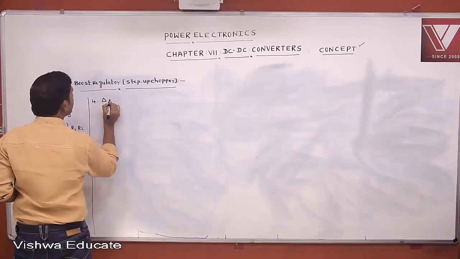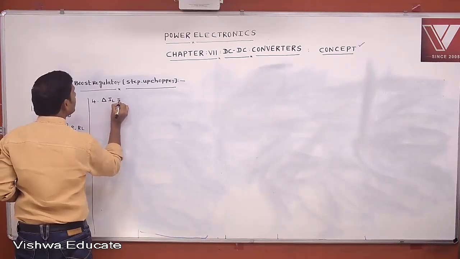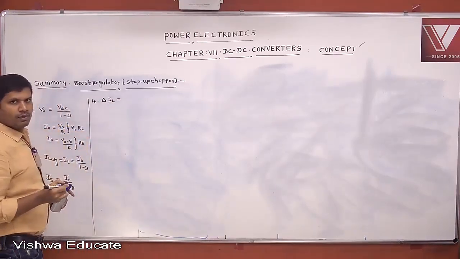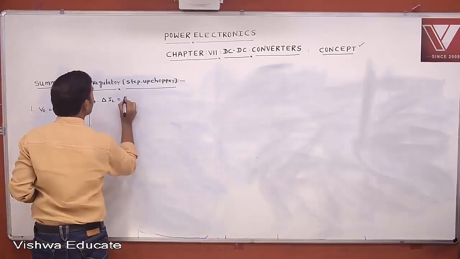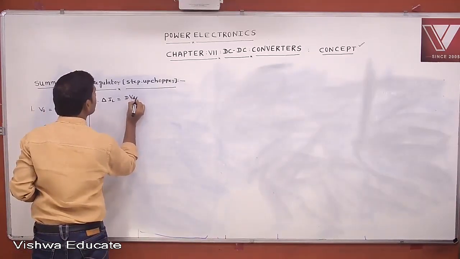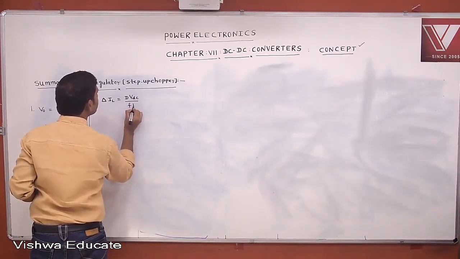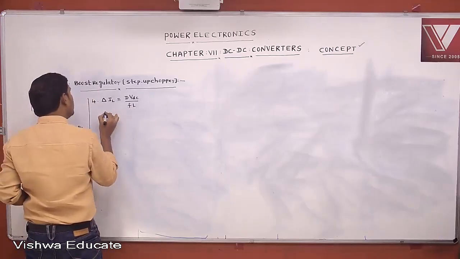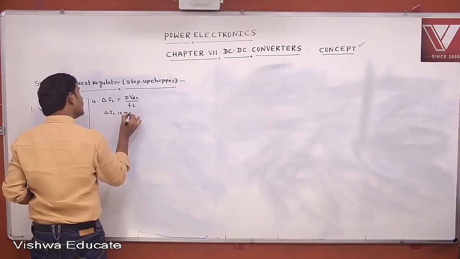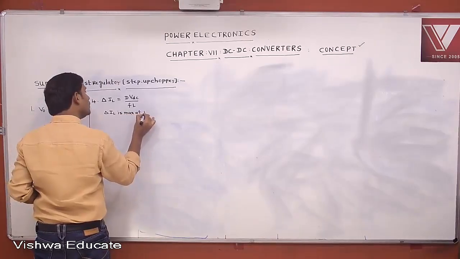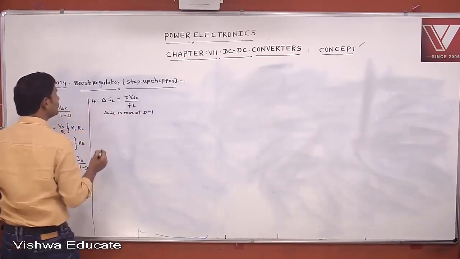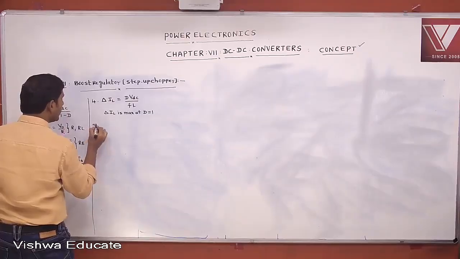Peak to peak inductor ripple current delta IL equal to D VDC by FL. This formula I derived, and delta IL is maximum at D equal to 1.